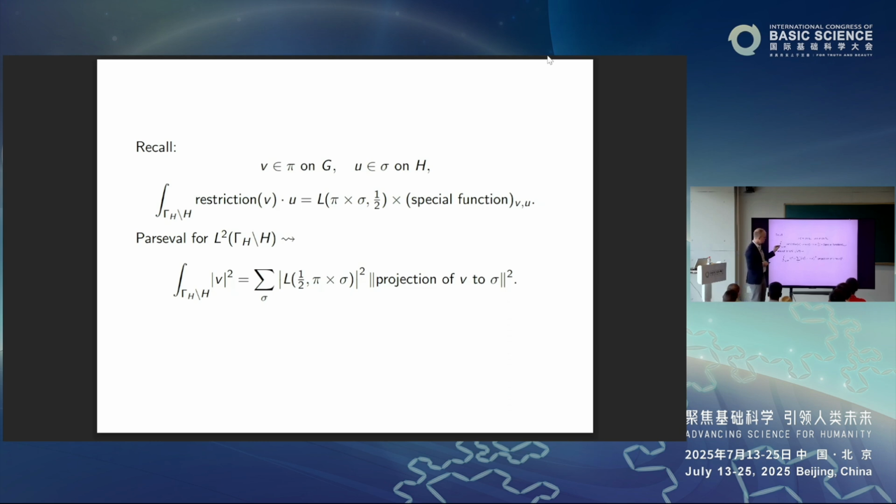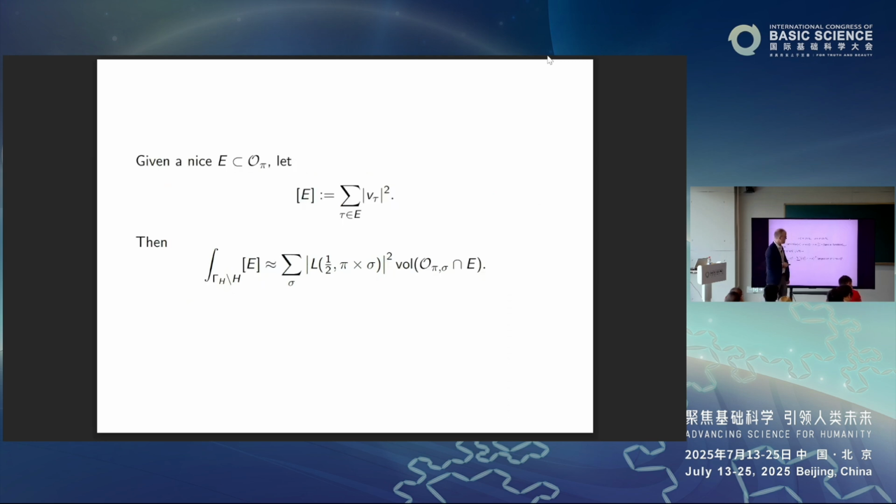So in the setting above, if we apply Parseval for L² of the smaller quotient, which means we sum over all σ and also over all u, it turns out that the special functions are defined in such a way that what we get is, on the one hand, the integral of the restriction of v squared, and on the other hand, of course, the squares of the L-functions. But then when we take the special functions and average their squares over vectors in the smaller group, we just get the projection norms. That's what I meant earlier when I said that these projection norms were highly relevant for studying these special functions.